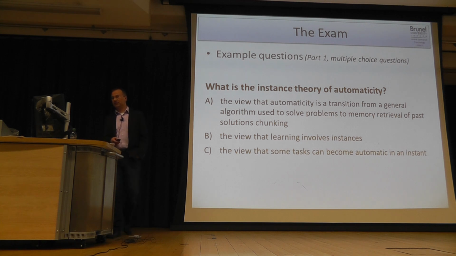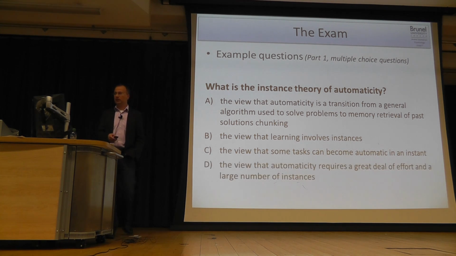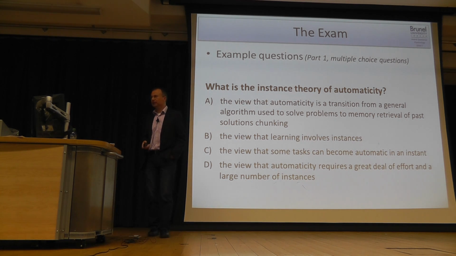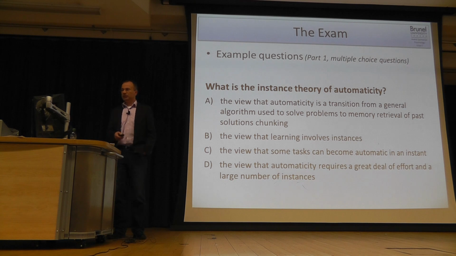C, the view that some tasks can become automatic in an instant. Or D, the view that automaticity requires a great deal of effort and a large number of instances. So when you go back to the lecture on attention, you will see that answer A is the right one.